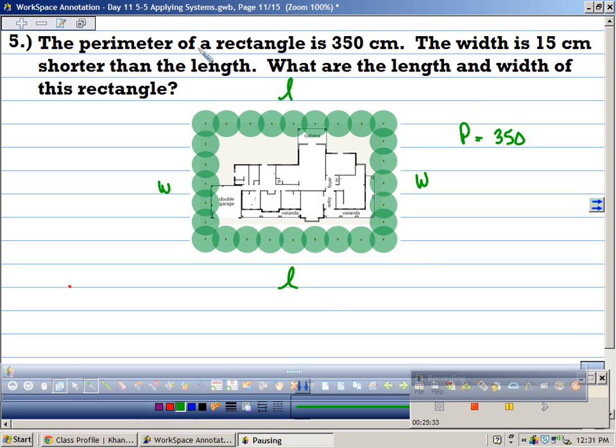To go all the way around something? Okay. This says that the width is 15 centimeters shorter than the length. How would I write that? Width means equals. How would I write 15 centimeters shorter? Minus 15 from the length.